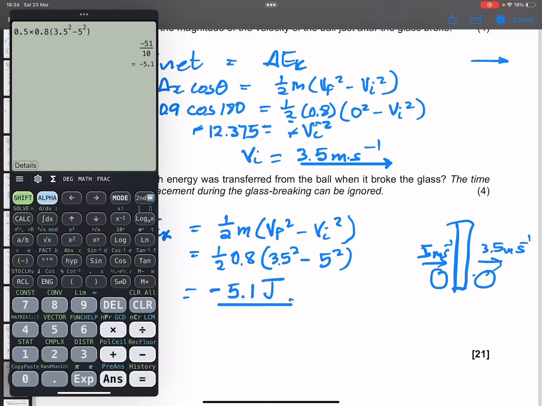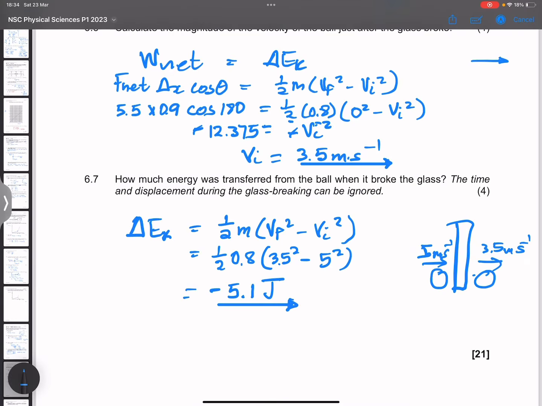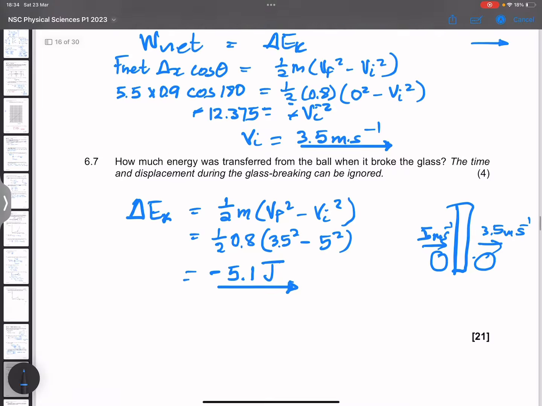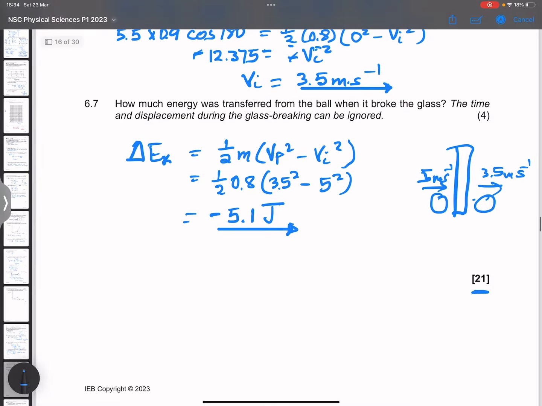So this is the amount of energy that was transferred from the ball when it broke the glass. All right, so I hope that makes sense. So this is the loss in energy during the process of breaking the glass. Ladies and gents, that was 21 marks, really significant. I hope that made sense. All right, let's go on to the next question.